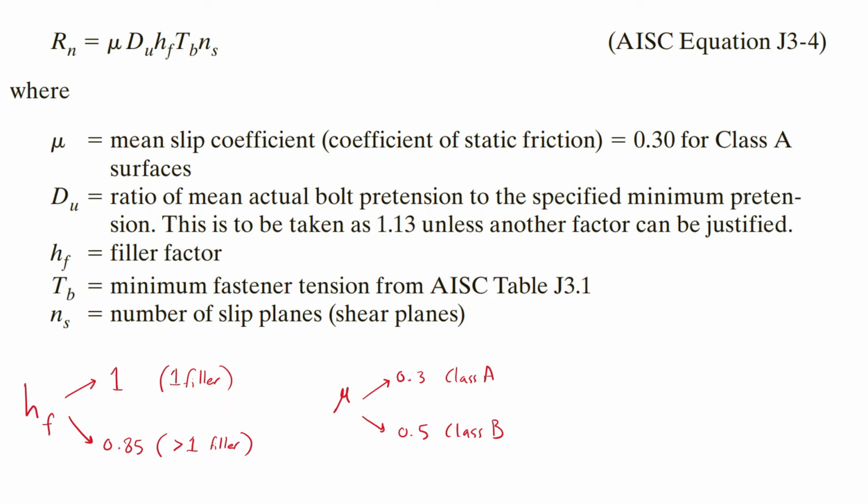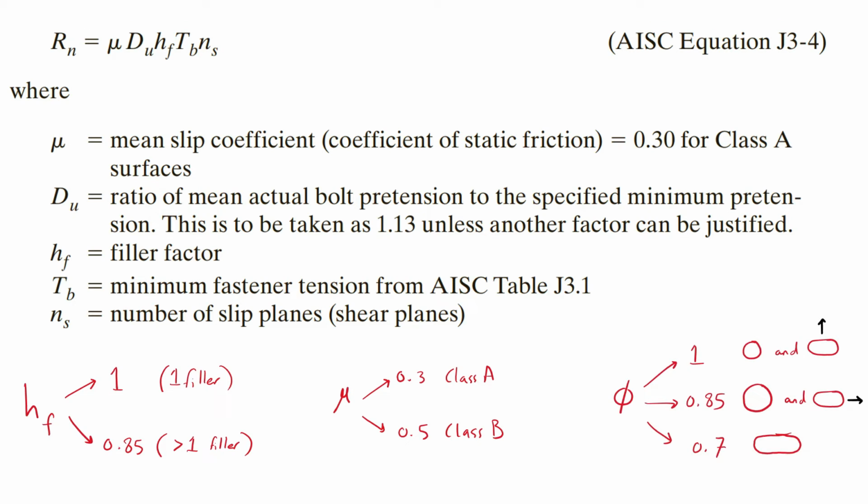The strength reduction factor phi is equal to 1 when using standard holes or short slotted holes with the slot perpendicular to the load, 0.85 when using oversized and short slotted holes with the slot parallel to the load, and 0.7 for long slotted holes.